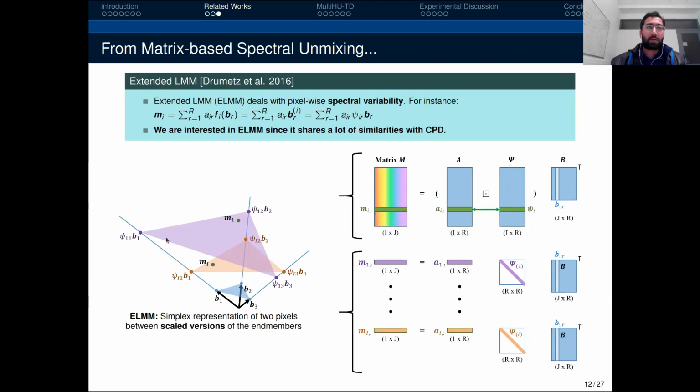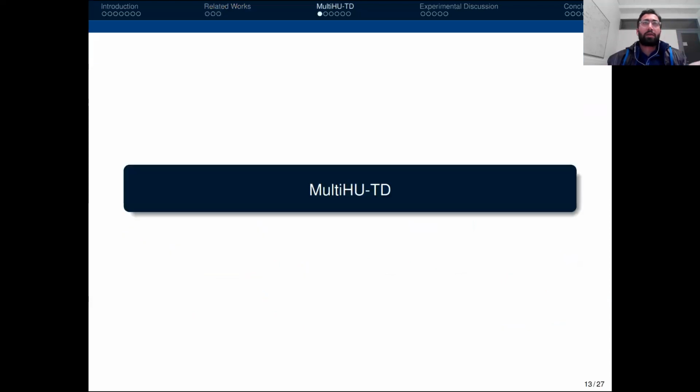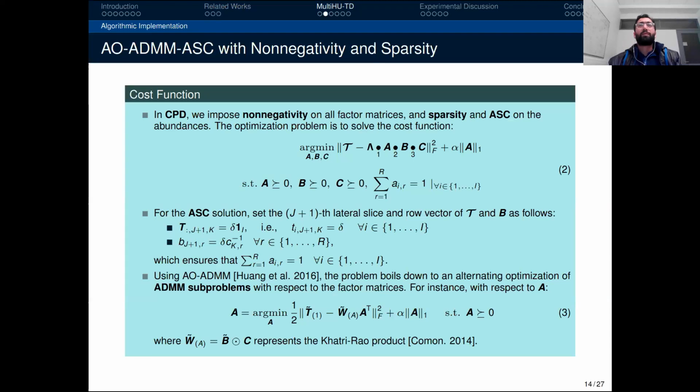So what we see is that the simplexes of each pixel are moving on the columns of B based on the scales present in psi, so on the degrees of freedom that we enforce on the abundances. From here, we saw that there are a lot of similarities with the CPD model, which we will see very explicitly. These are related works that inspired this approach.